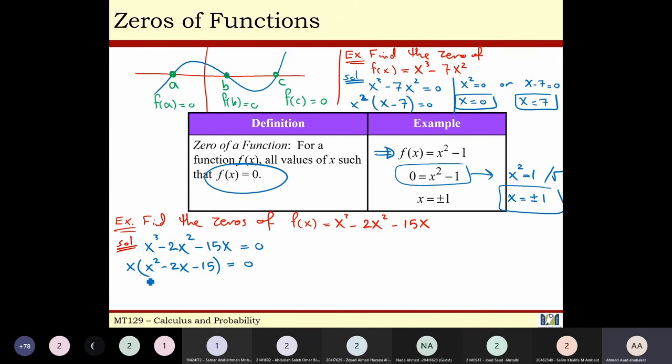Now we can solve the quadratic equation by factorization.